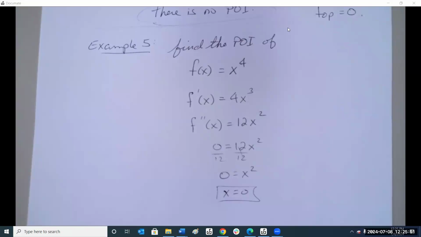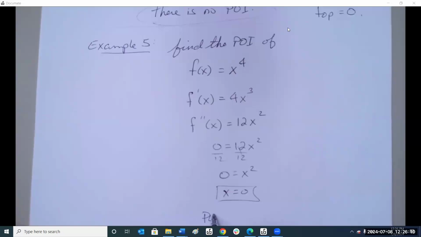Do we have a point of inflection or do we have concavity? This is the x value in which our second derivative equals 0.